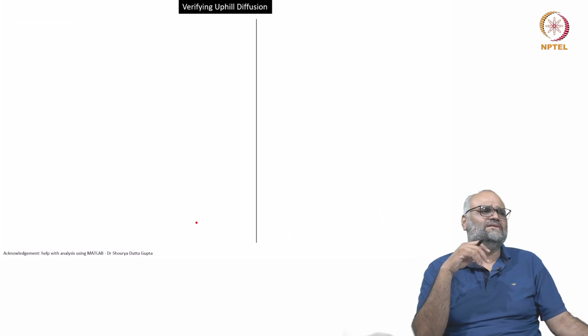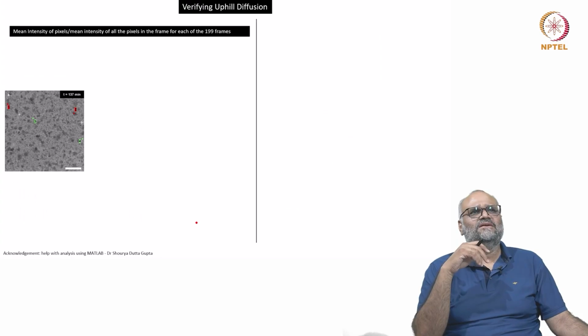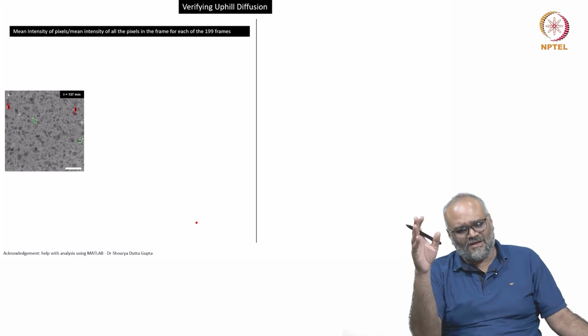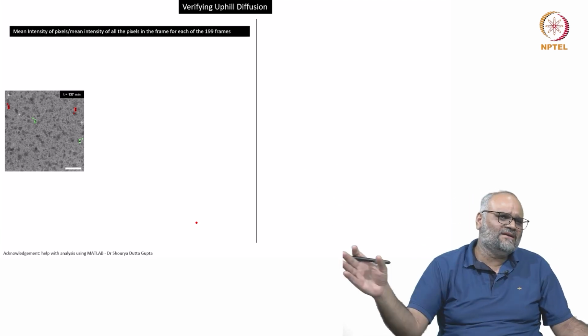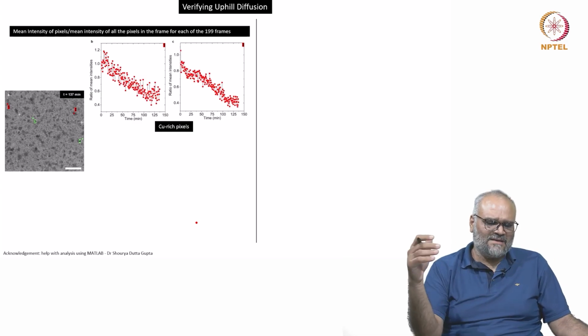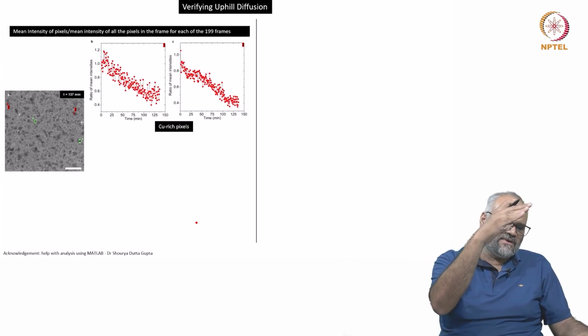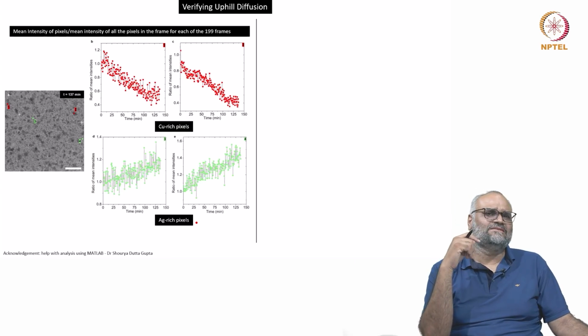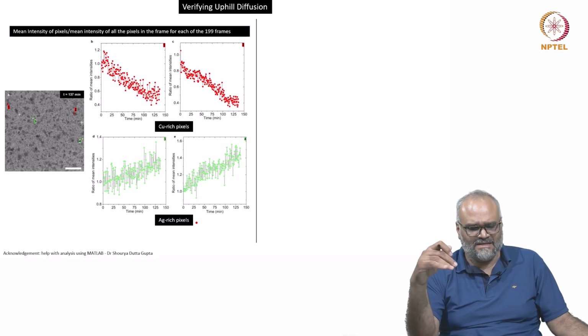So the idea is, in case of uphill diffusion, if you take the mean intensity of pixels over mean intensity of pixels in all the frames, for all the 199 frames that we recorded, we measured in the regions where there are copper rich pixels with increasing time, there is actually a drop in the ratio of the mean intensities, whereas in silver rich pixels there is an increase in the intensity.